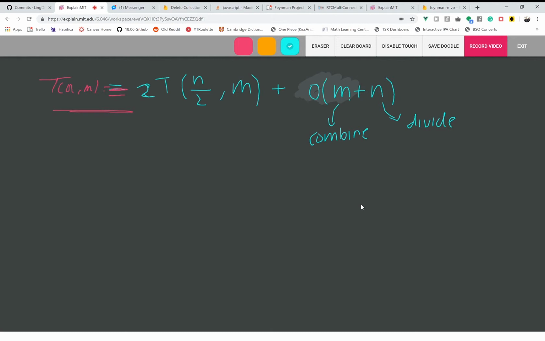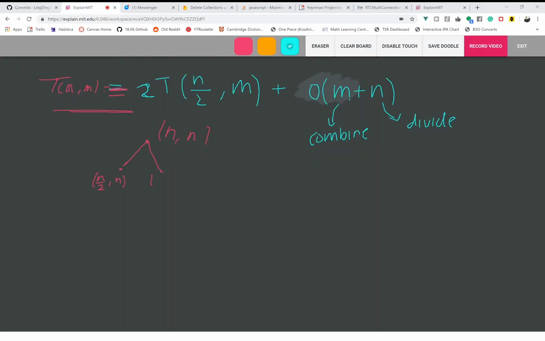At the first level, the degree is n, and the number of points is n. Then we're going to be recursing on 2 subproblems. These subproblems are going to have a degree of n over 2, but as we said, the number of points is not going to change. So this is going to be n.